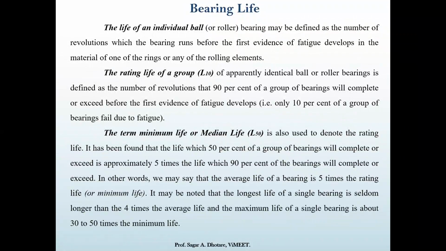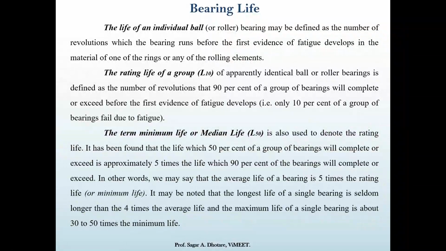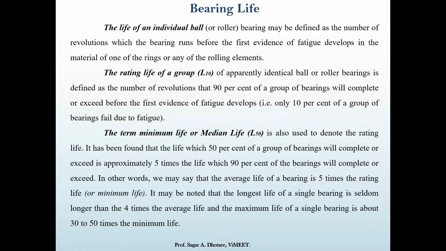So first one, life of individual ball. The life of the bearing may be defined as the number of revolutions which the bearing runs before the first evidence of fatigue develops in the material of the rings or any of the rolling elements.